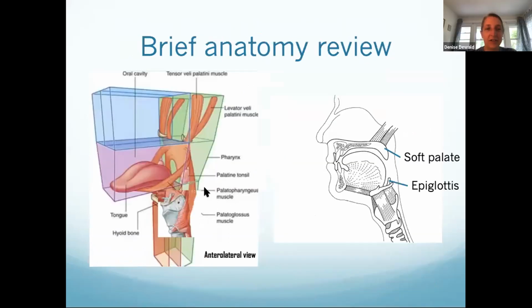Okay, so let me just show the anatomy review so you know what you're looking at. Here's your tongue. The soft palate is back here. And then you have the epiglottis down here, your hyoid bone. The epiglottis folds over the glottis, which is in here, so your vocal cords.